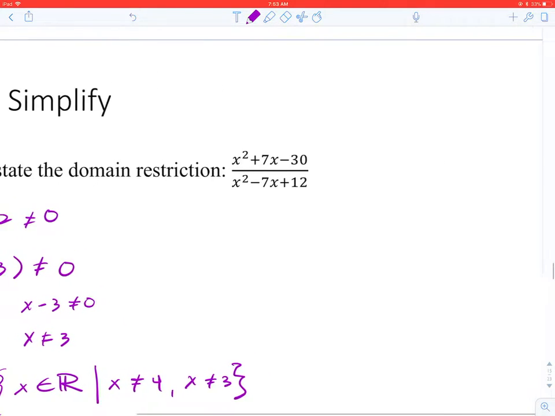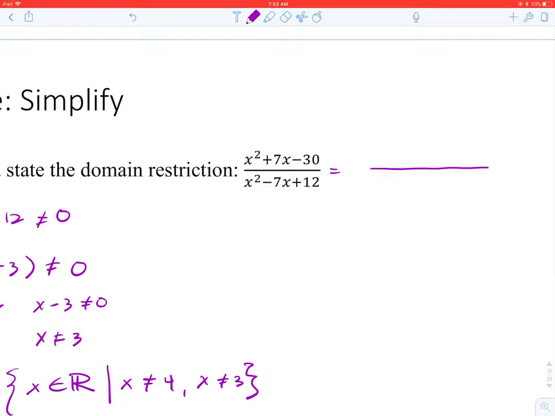Okay, so we can see what the denominator factors to already. So x minus 3, x minus 4. Okay, and then we need to factor the numerator, and we're hoping that we end up with one of the factors being the same as what's in the denominator.